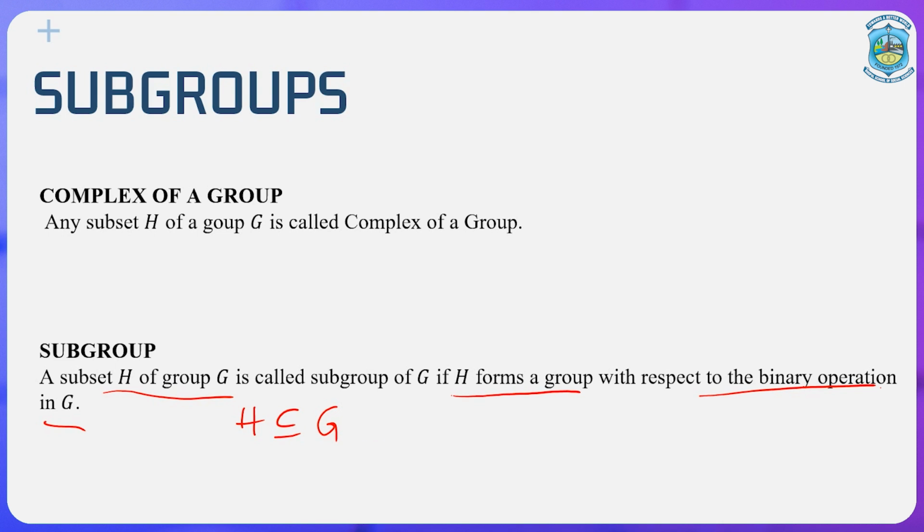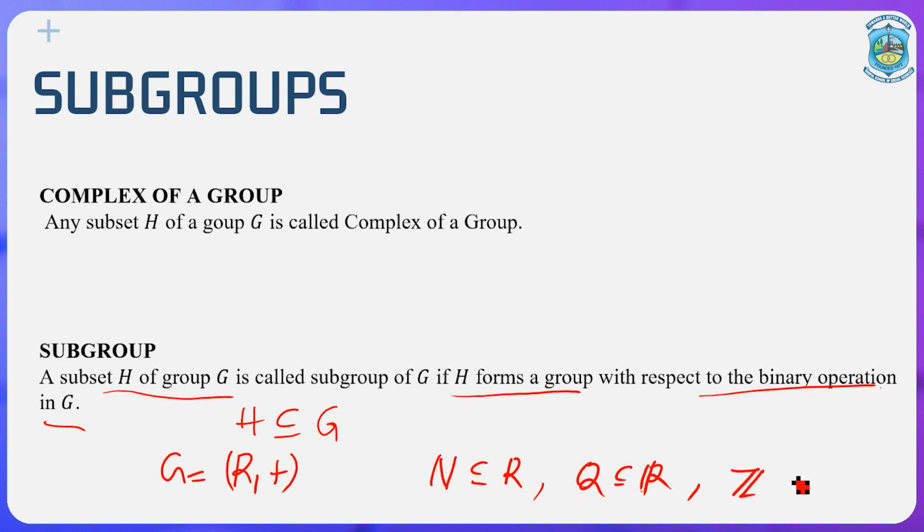Now, we have seen its examples also, like if we consider G to be real numbers with respect to addition. We know that the set of real numbers has many subsets, like the set of natural numbers, the set of rational numbers, the set of integers, and even irrational numbers are subsets of real numbers.